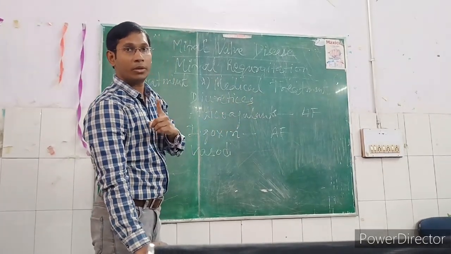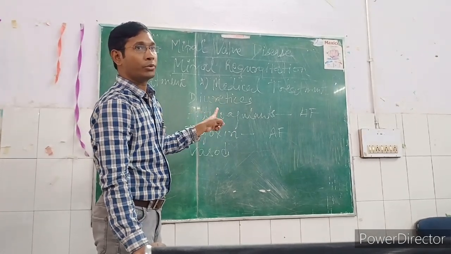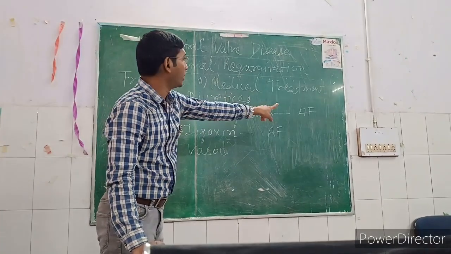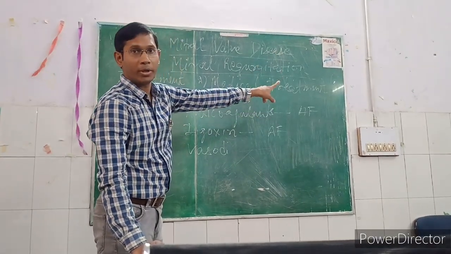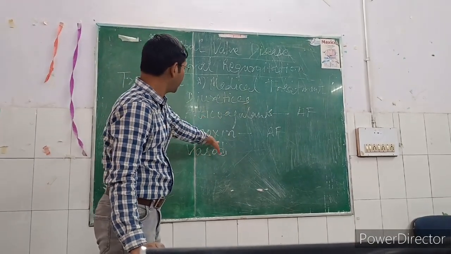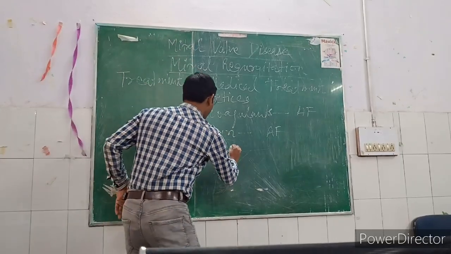If you are asked in your NEET examination, can anticoagulant be used for atrial fibrillation treatment? The answer will be yes, because atrial fibrillation will lead to systemic embolization, and to prevent that, we need anticoagulants. And digoxin also is given for atrial fibrillation, and vasodilators also have a role.